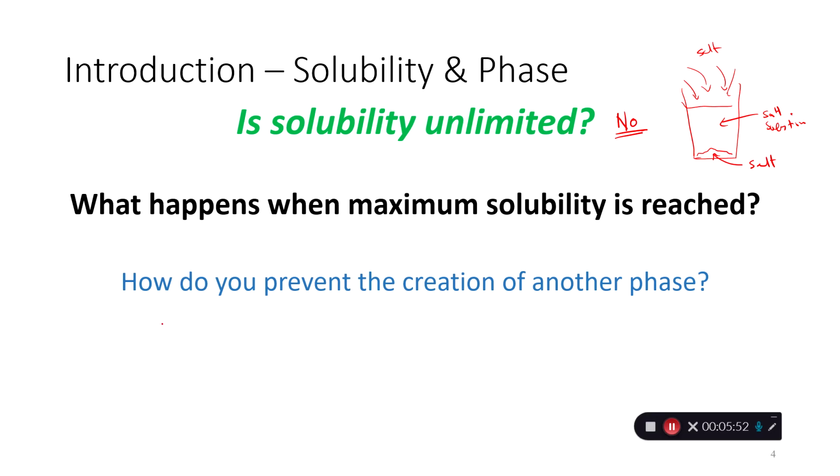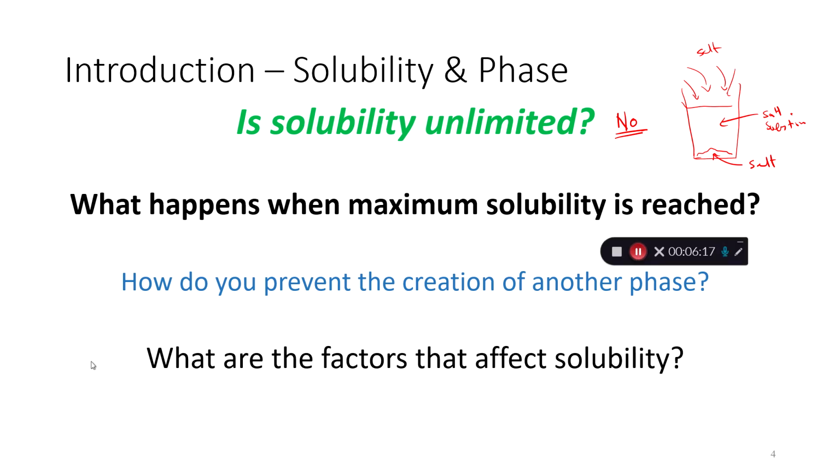So how do you want to prevent this? I do not want to see the salt particles here. Of course, obviously don't put it there in the first place, but if it is already there, there are a few things that we can do, which includes heating up the solution or stirring the solution to increase its kinetic energy. You have probably done a similar experiment in school, yeah?